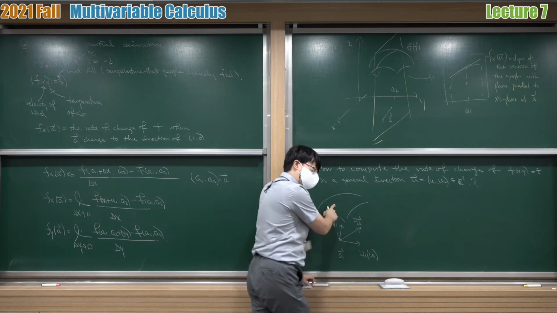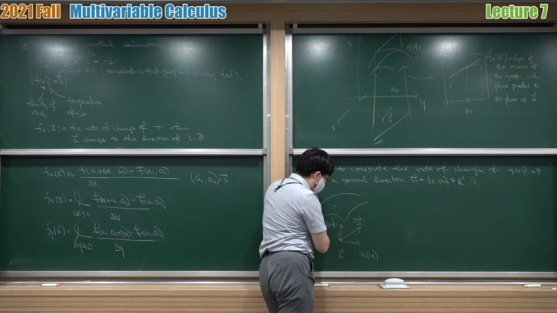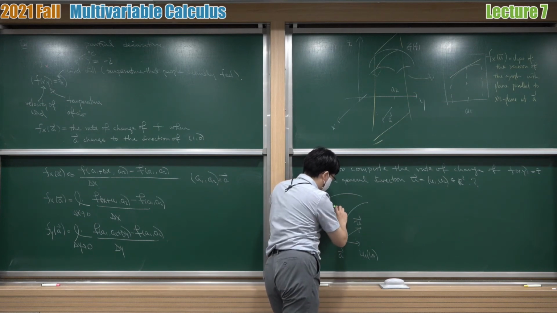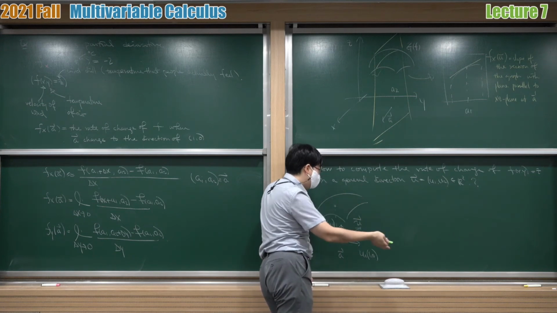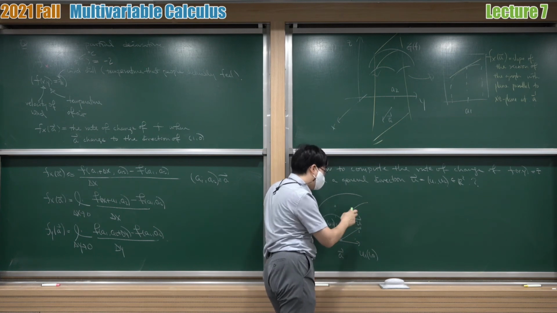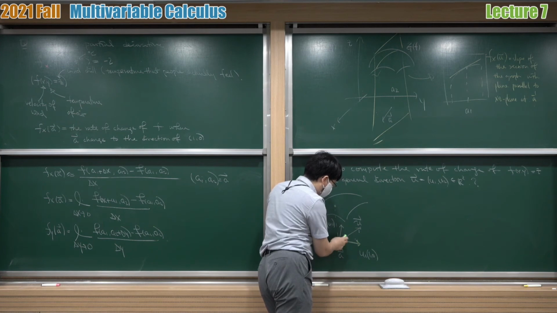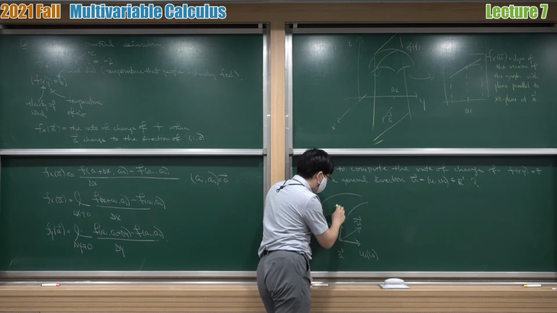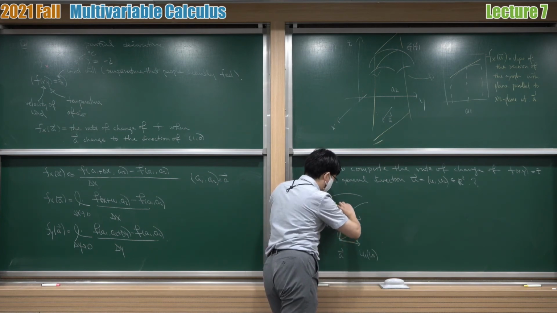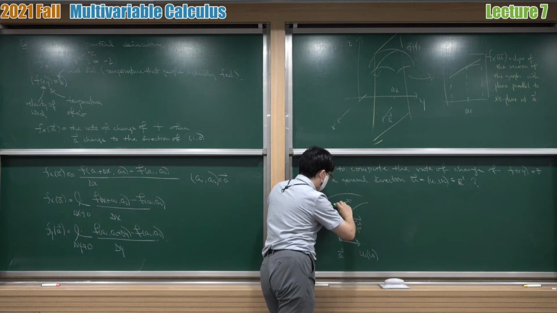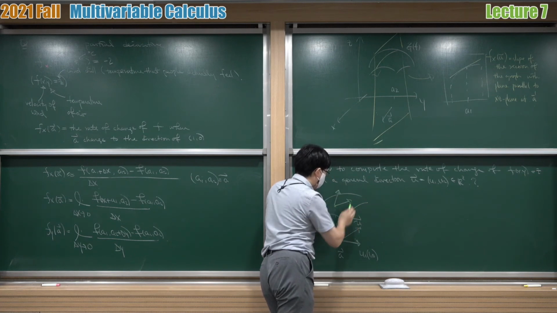In the z value, I can imagine that the change of z is the sum of the change in this direction plus the change in this direction, as if I'm moving along this direction and then again along that direction.